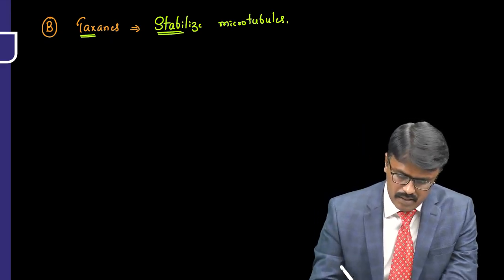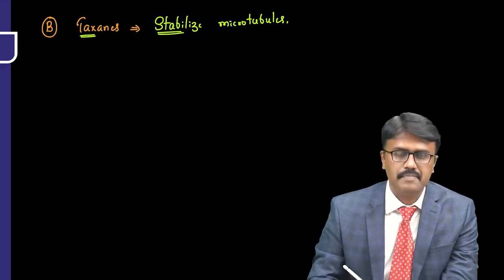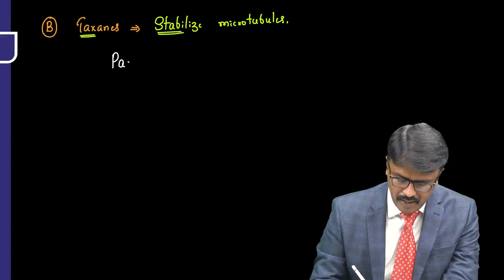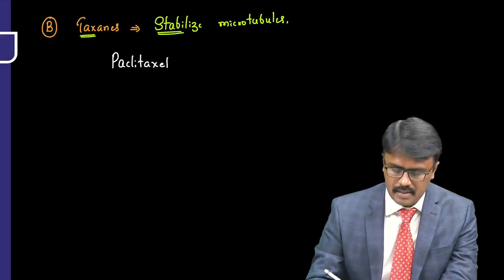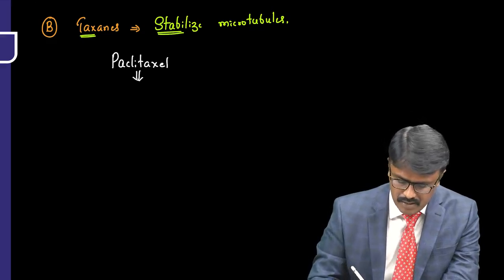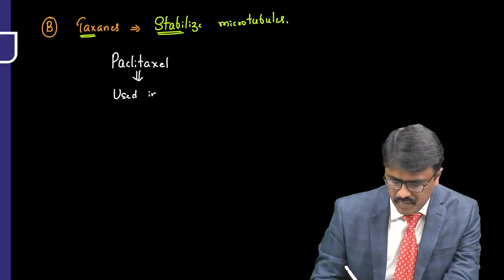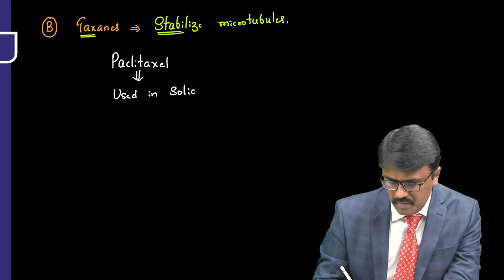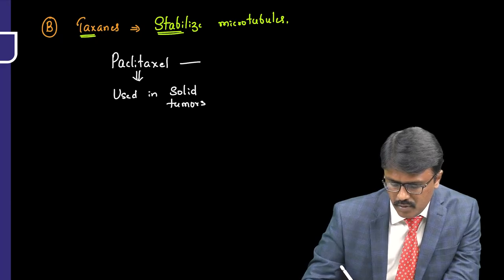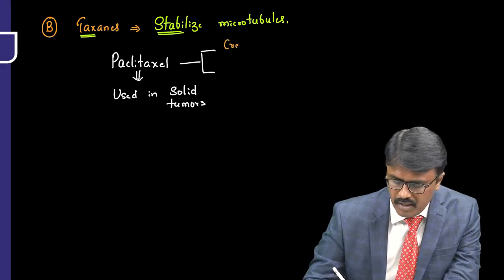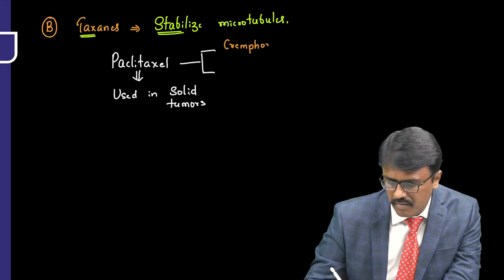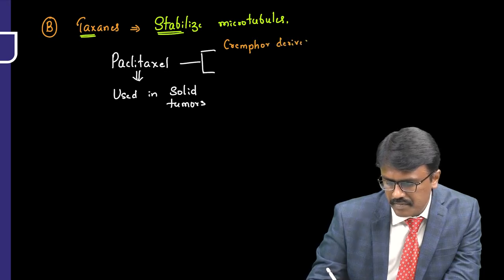Now there are two important taxanes we have. The name is called paclitaxel. The major use is in solid tumors. There are two forms of paclitaxel. One is called the camphor derived, and one more is called NAB paclitaxel.